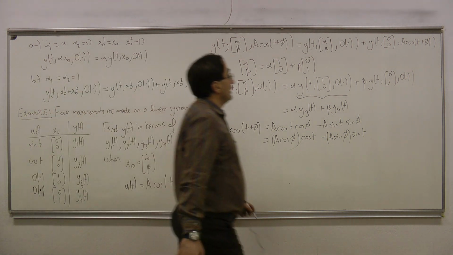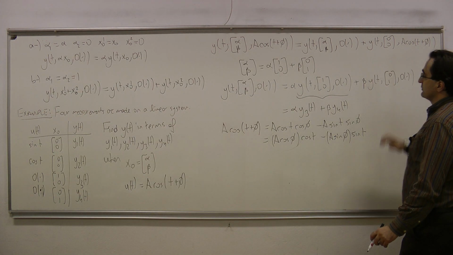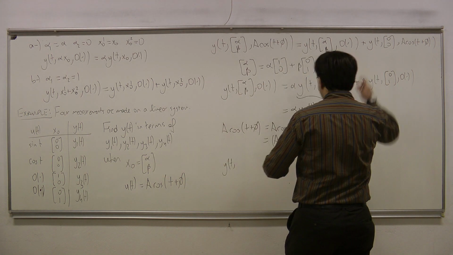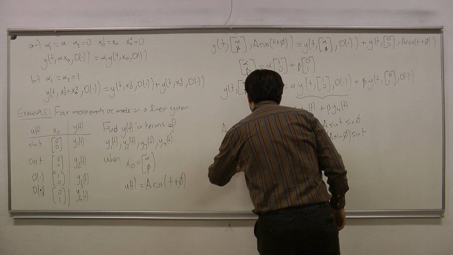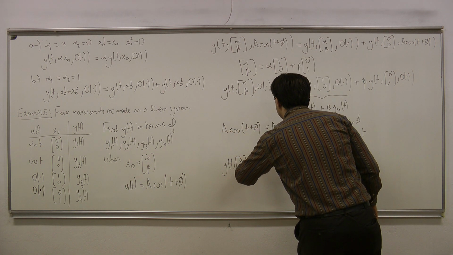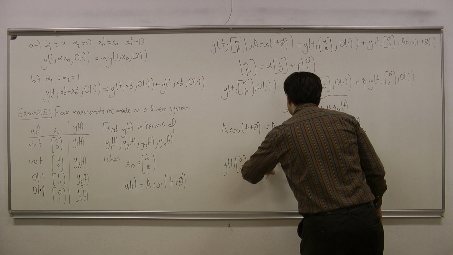So now I can write this quantity here, y of t with zero initial condition and this linear combination of inputs.